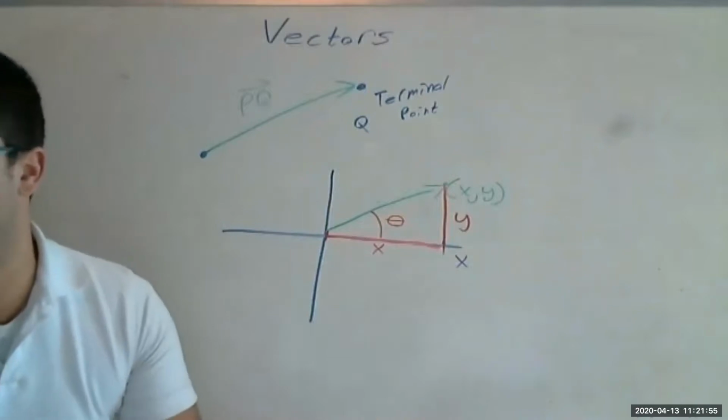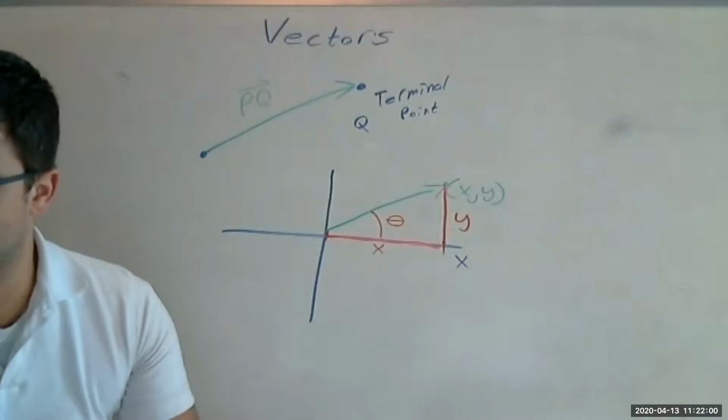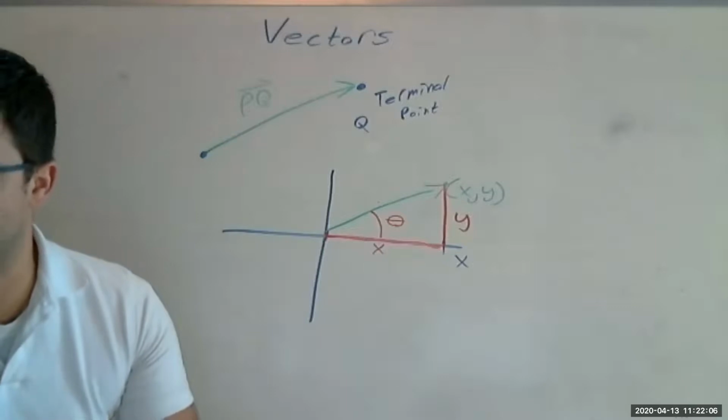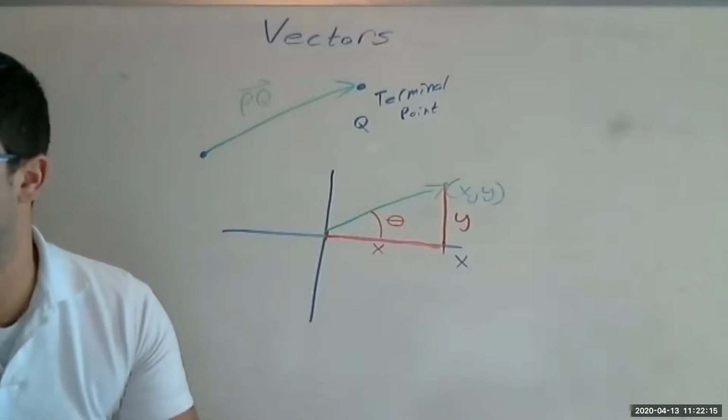So if we have, what did we draw here? A right triangle. So what do I know about right triangles that can help me get theta?